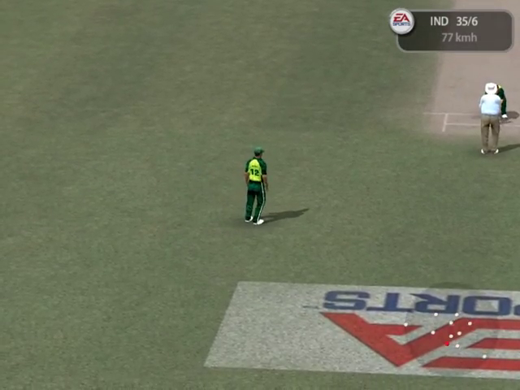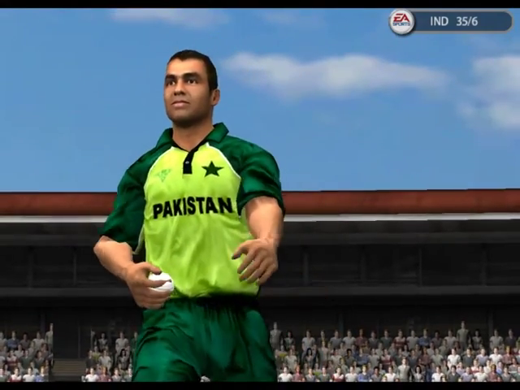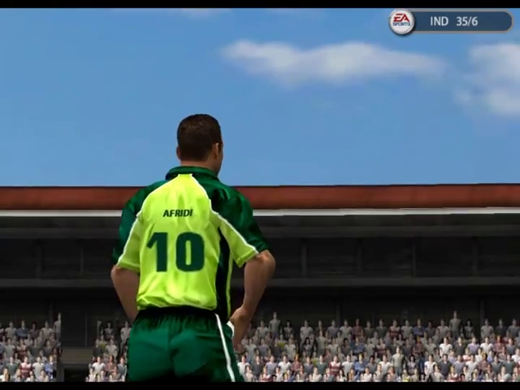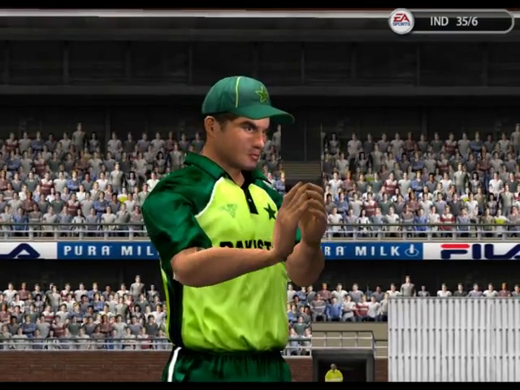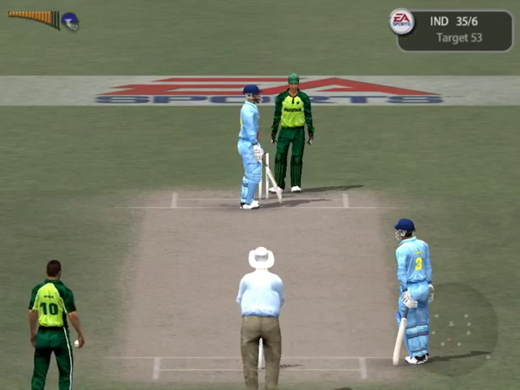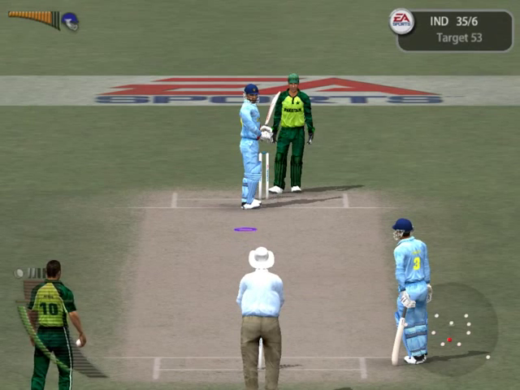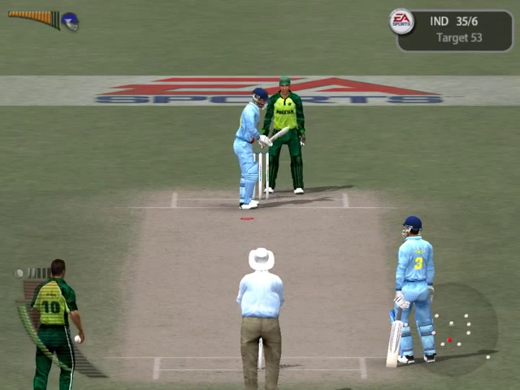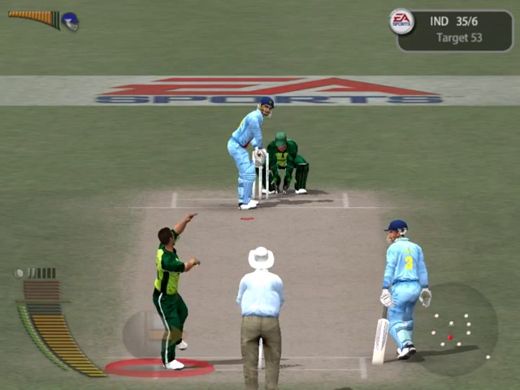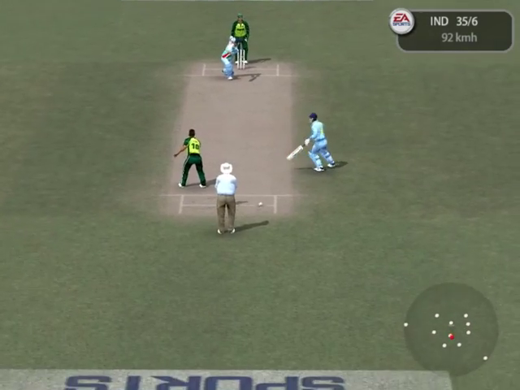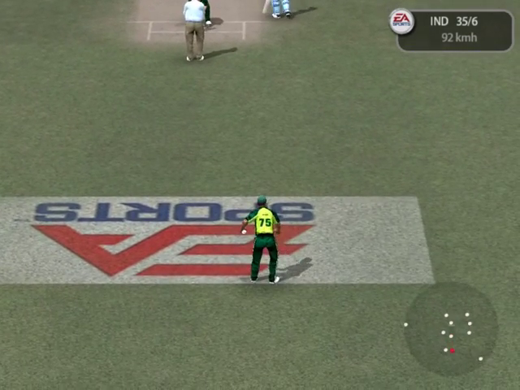It's straight at Abdul Razak. 18 runs required. Shahid Afridi continues. Stopped by Yunus Khan.